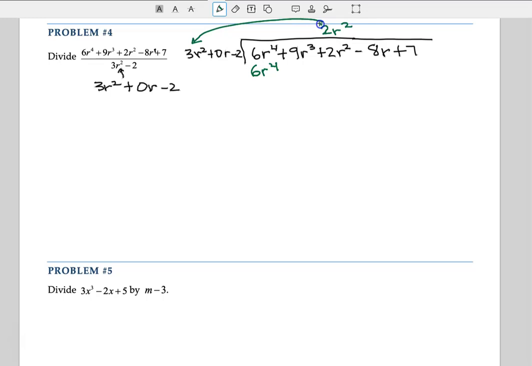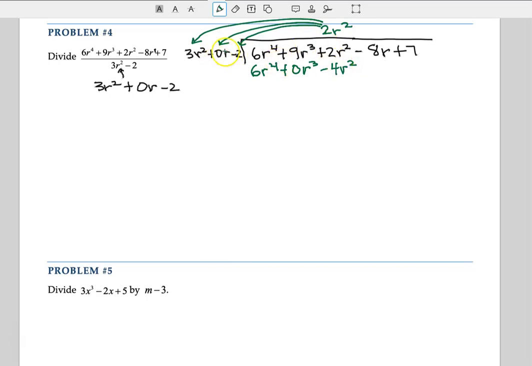Now we've got to multiply it by the next term. Anything times 0 is just 0. So I'll have plus 0, and then r times r squared is r to the 3rd. Then let's do the last one there. Multiply that by -2, and that's going to give me -4r squared.